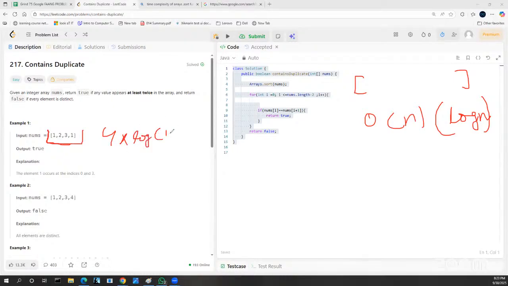You can calculate the value of log 4 online, just multiply it, and that is the number of times the code is going to execute for this input in the worst case scenario.